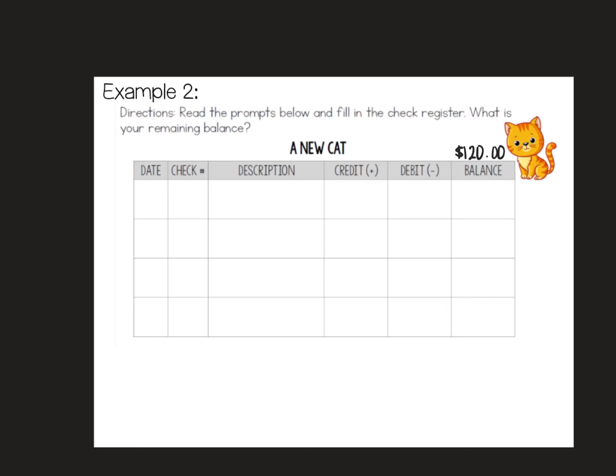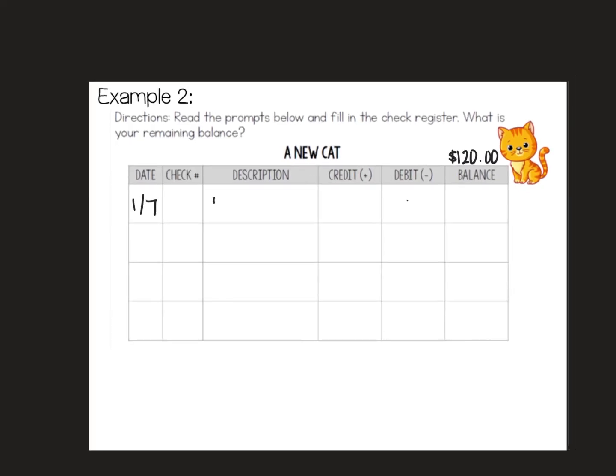Then we go to Polly's Pets and purchase a collar, bed, and food on January 7th. So I'm going to go ahead and put January 7th under my date. We use our debit card and spend $35. So we don't need a check number. For the description, I'm just going to put Polly's Pets because that's where we were.